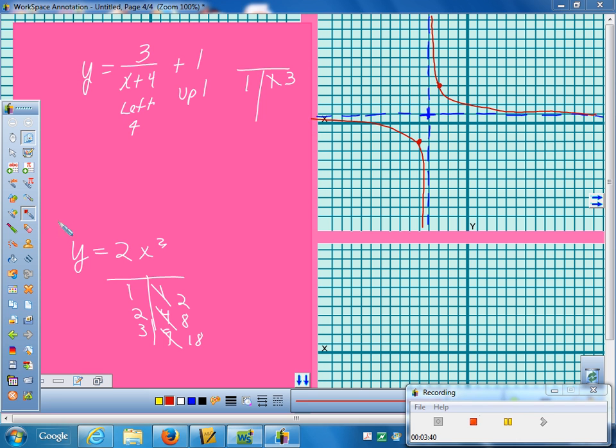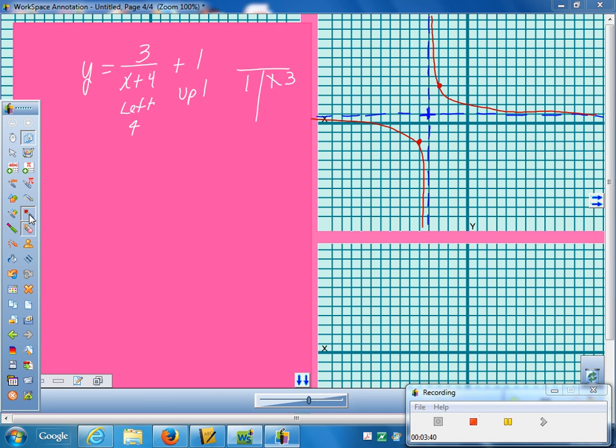So prove to me you're brilliant now. This time, I want to graph y equals negative what on top? 2. Negative 2.